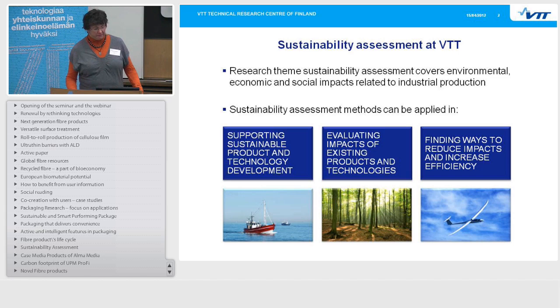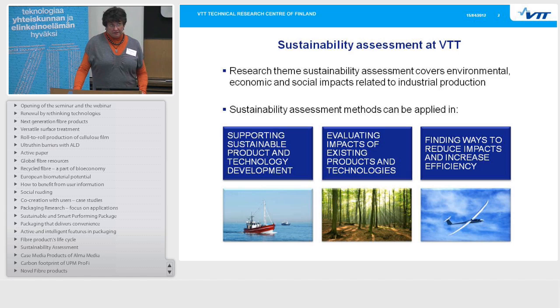Here we have some examples where VTT is working in this field. Depending, of course, on the needs of the project or the needs of the customer, we are doing a sustainability assessment in a wider sense, which includes the environmental and social and economic perspectives.